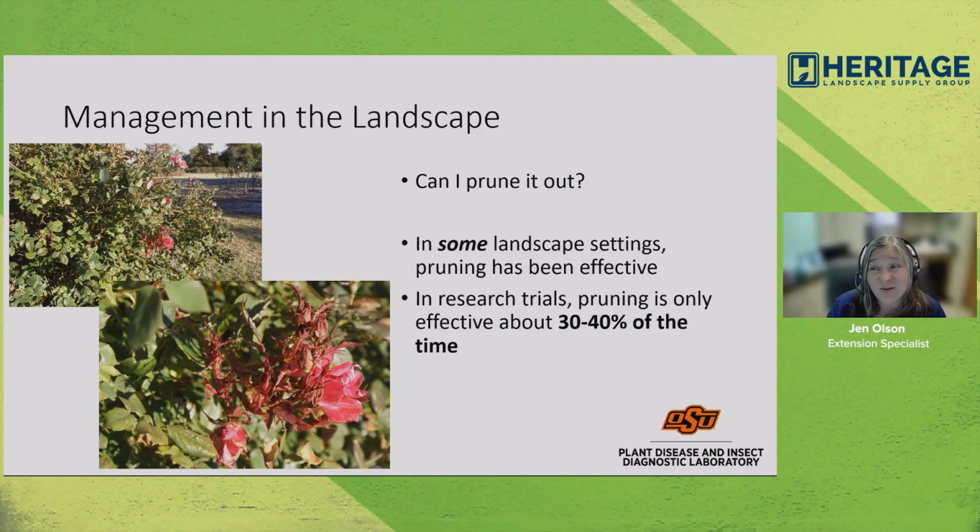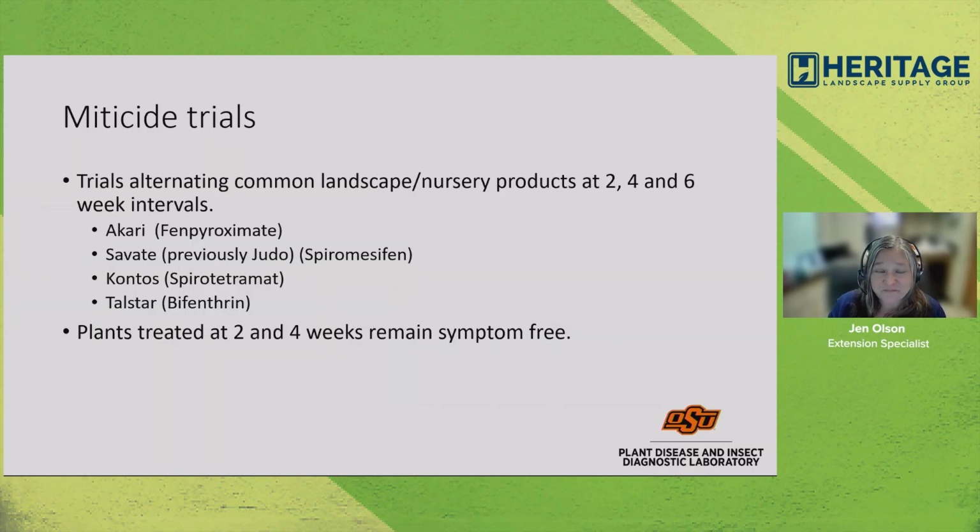And in his trials, only about 30 to 40% of the time was pruning effective. So I wouldn't recommend it. To me, if I go to the doctor and they give me a treatment that's only 30 to 40% effective, I'm going to ask for something better, which is going to be removing the whole plant.